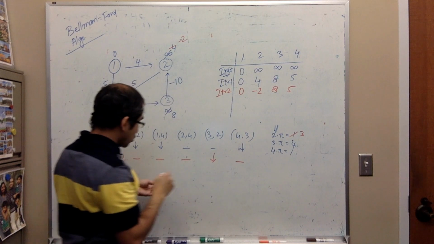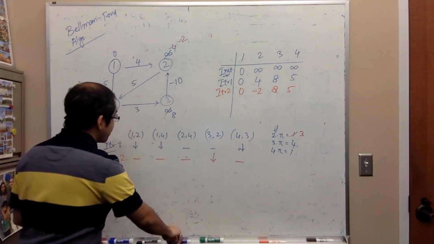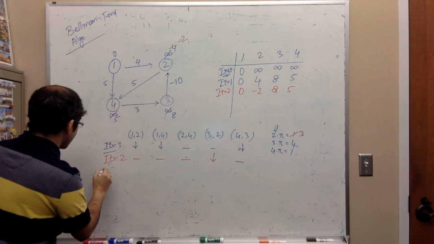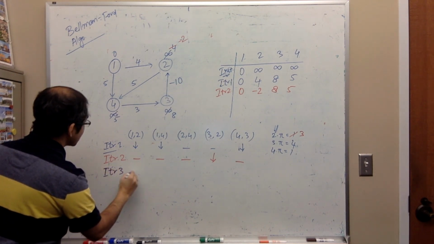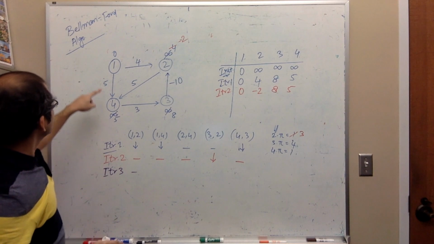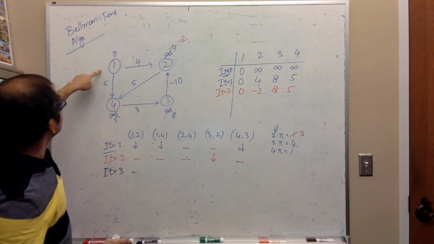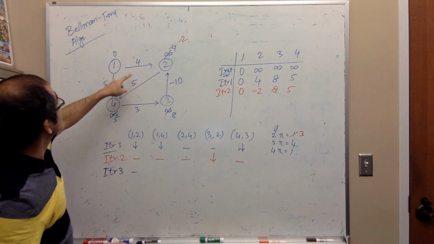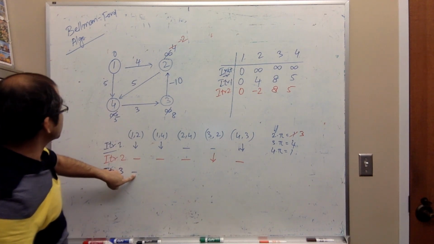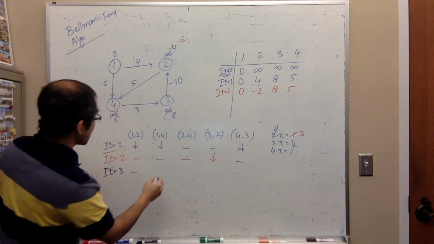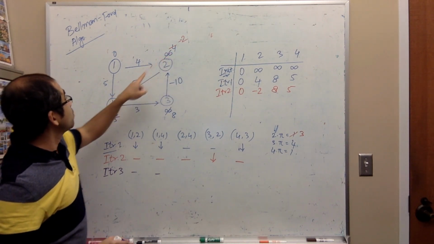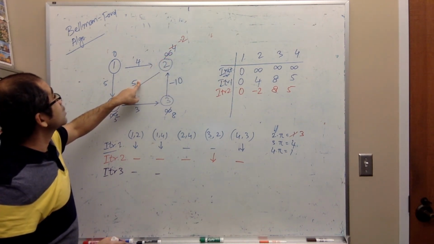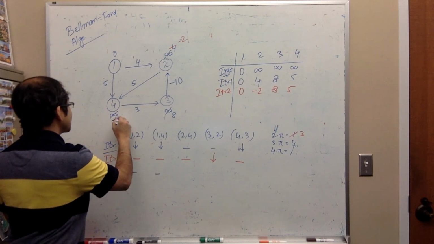Okay, now let's go to the third iteration, iteration 3, using purple color. Iteration 3: 1 to 2, we have a cheaper distance estimate, so nothing to change. 1 to 4, same. 2 to 4, now you see, minus 2 plus 5, that is 3, so this got changed.